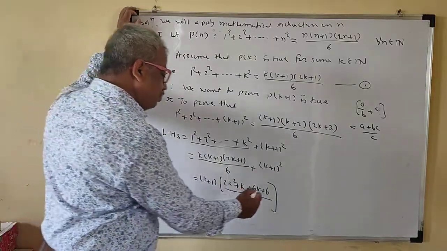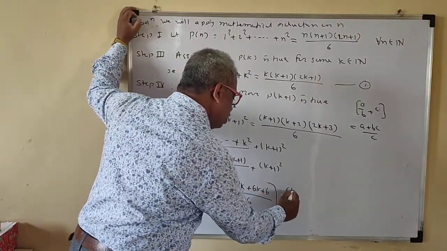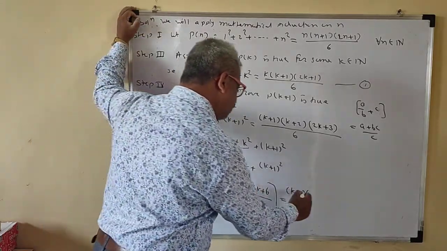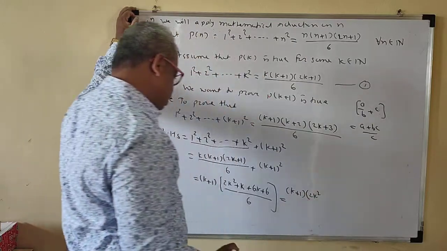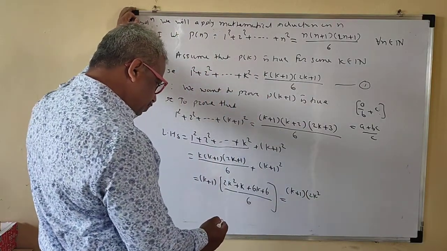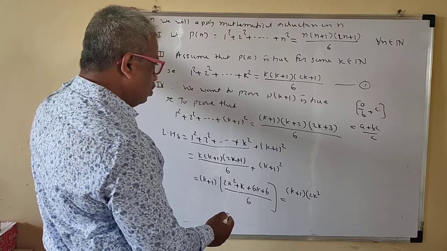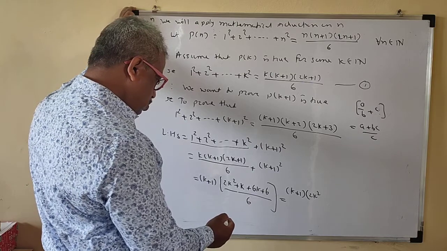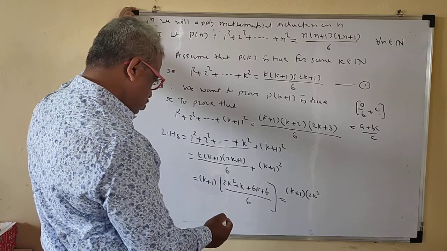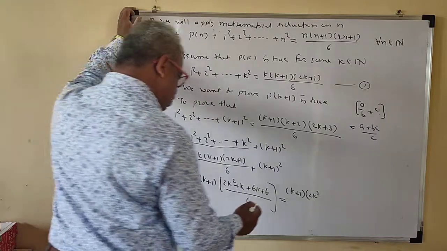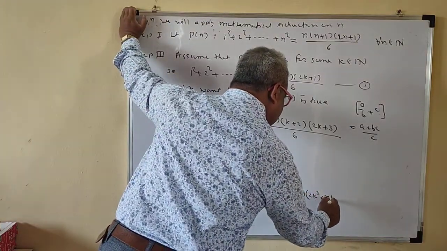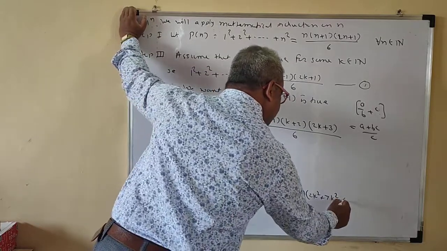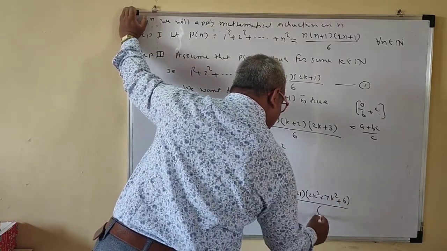Okay, so then I do the calculations here. k plus 1 into, what is this, 2k square will be as it is. Okay, so then 7k square plus 6 upon 6.